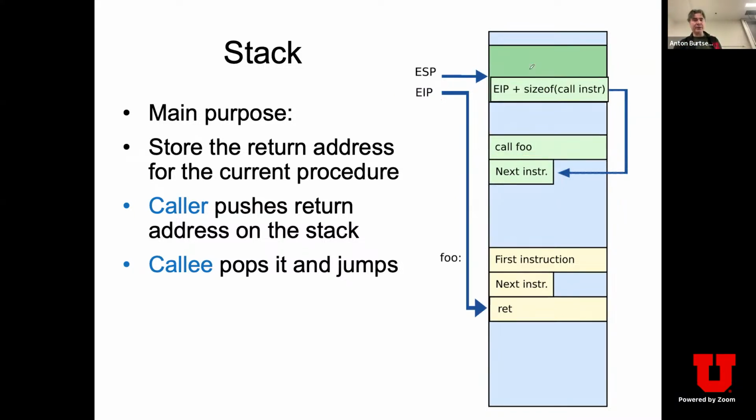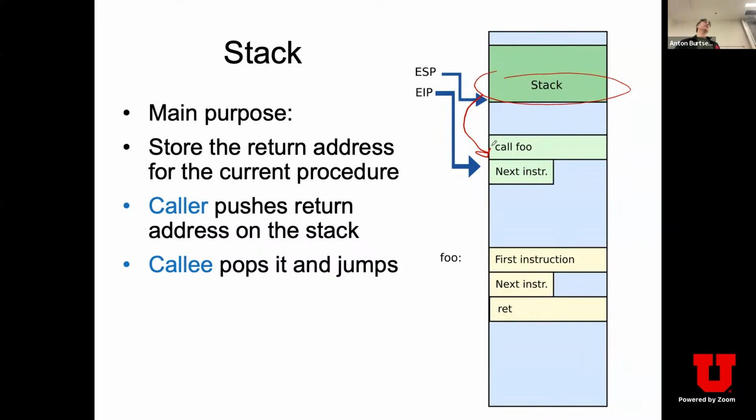When you're about to return, when you reach this ret instruction, it looks at what is there on a stack, picks it up from here, and jumps to it, right? And adjusts the stack to deallocate the space, making sure that we can reuse the space again, right?